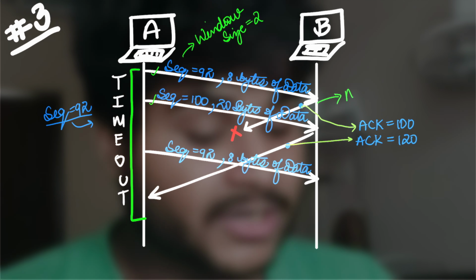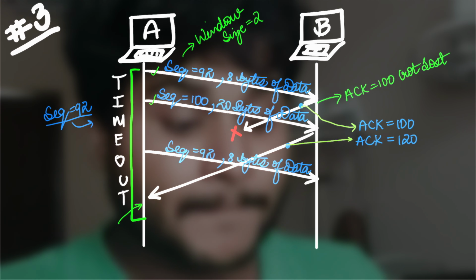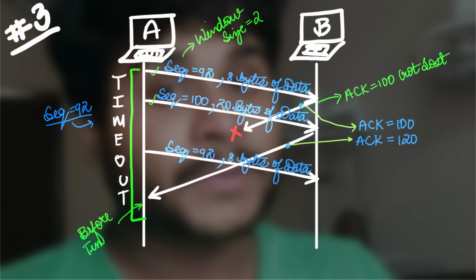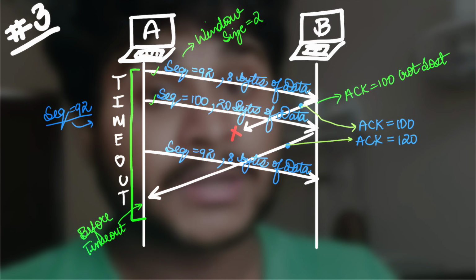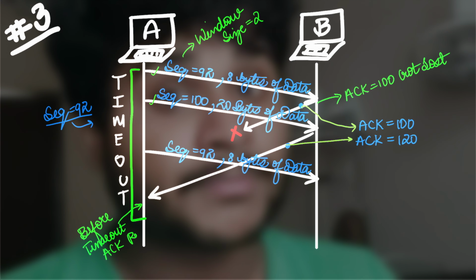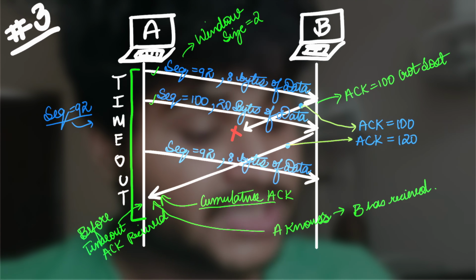But for some reason, acknowledgement number 100 got lost. But the acknowledgement number of 120 got received before the timeout period occurred for sequence number 92. So this is actually happening before the sequence number 92 timeout period occurred. As the acknowledgements are cumulative, A knows that B has received all the bytes till 119.